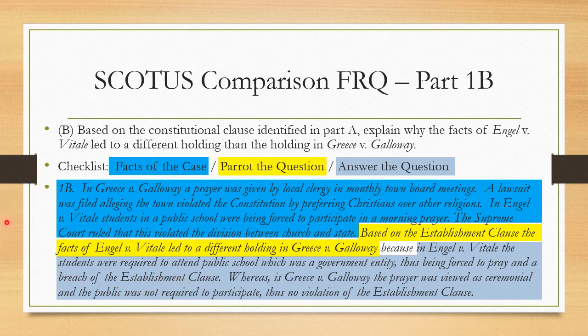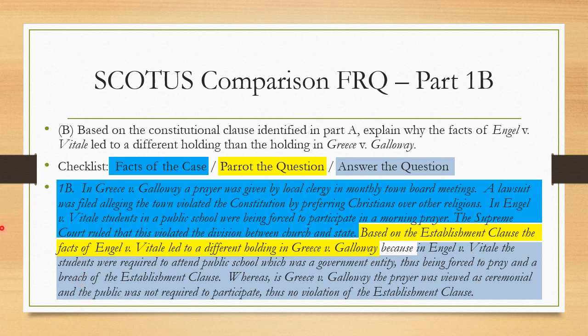Now, just a side note, I have had students break down Part B and they go 1B1 and then they describe the facts of Greece-Galloway, and then they go 1B2 and they describe the facts of Engel-Vitale, and then they go 1B3 and then they explain why the holding was different, and they break it up rather than just one big paragraph.